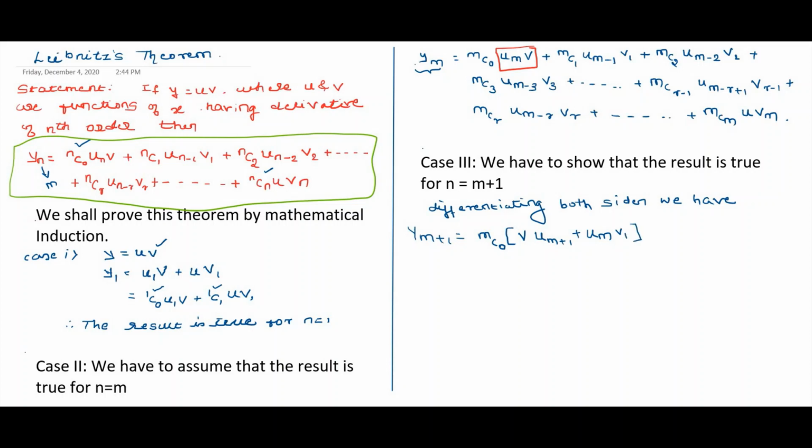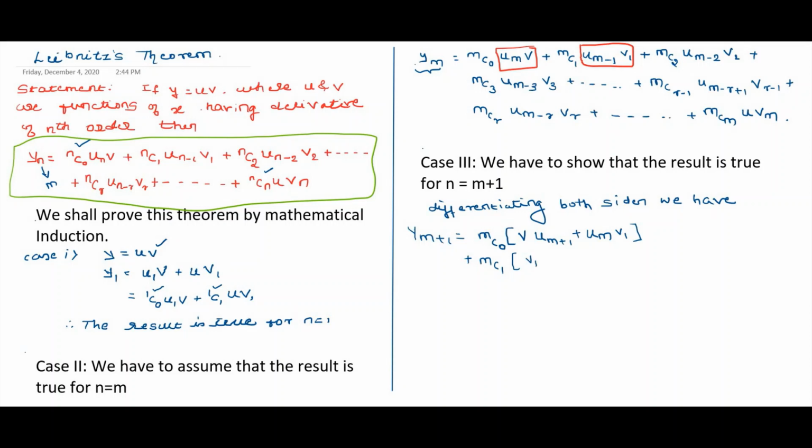Next, plus, the next term is mC1 into bracket. Now we have to differentiate the second term, by using the product rule. In this case also, first I will write the second term as it is.